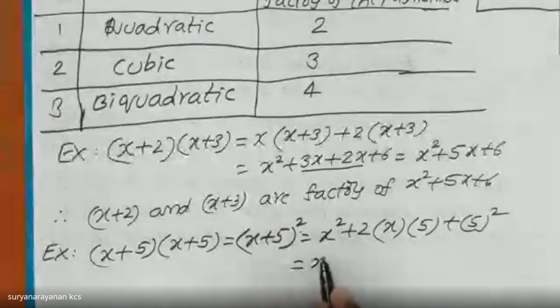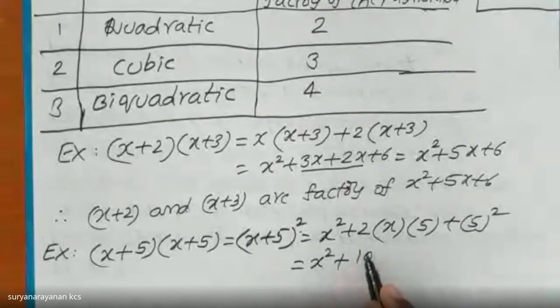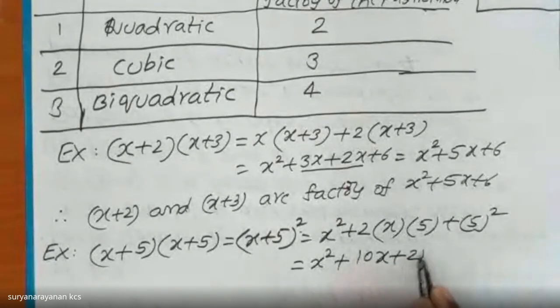Then what will you get? x square plus 10x plus 25.